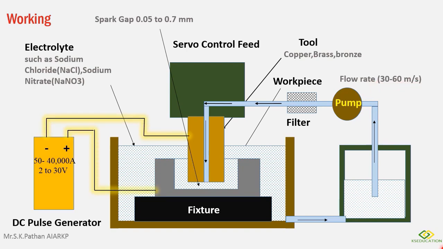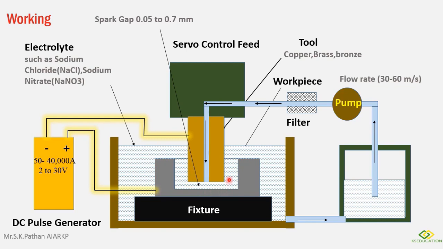Now, when the strong electric current is passed to the tool, which is negatively charged, and to the work, which is positively charged, the chemical reaction happens in between this gap, and because of that we get the machining.